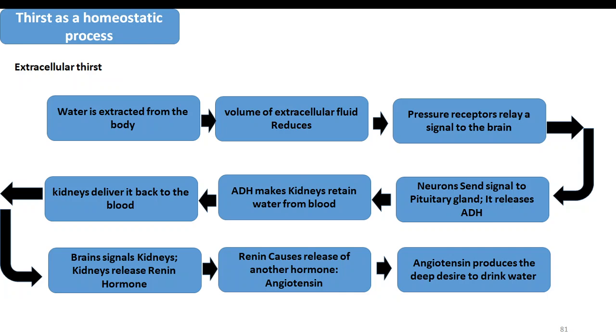So meanwhile, the brain signals the kidneys, and the kidneys release another hormone called renin. Renin in turn causes a release of another hormone called angiotensin, and angiotensin is finally the hormone that induces the deep desire to drink water.